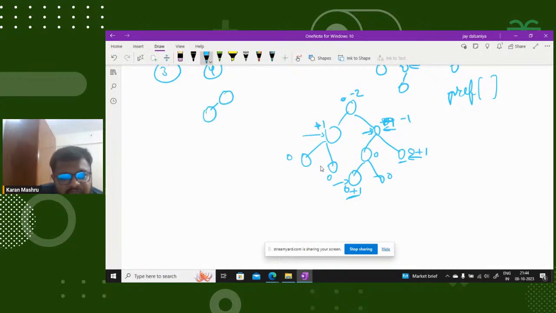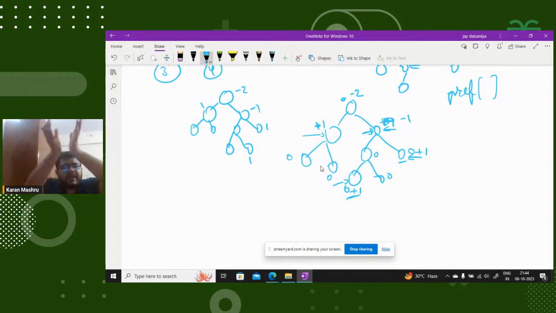So what my graph became now, if I look at the graph, it became minus 2, 1, minus 1, 1, and 1. Now, if I add up the values from children to parent, basically I will get a prefix from the 0th node to a particular node. Are you getting my point?